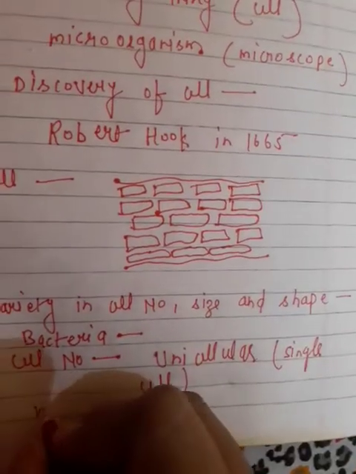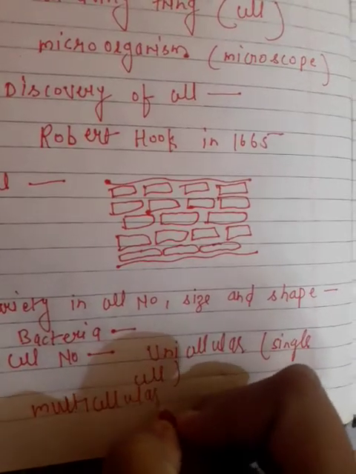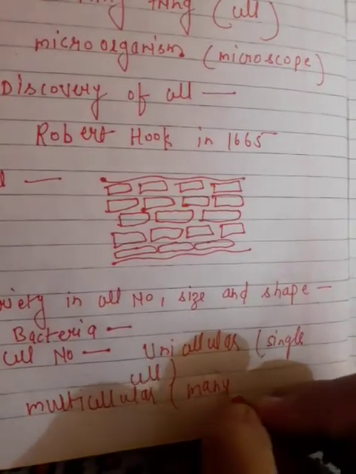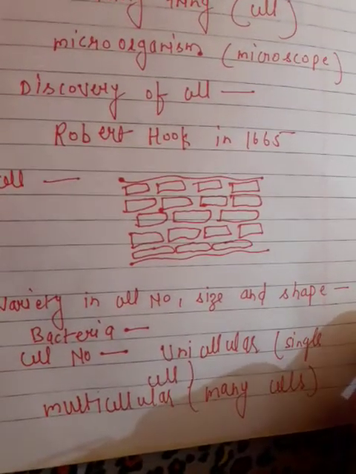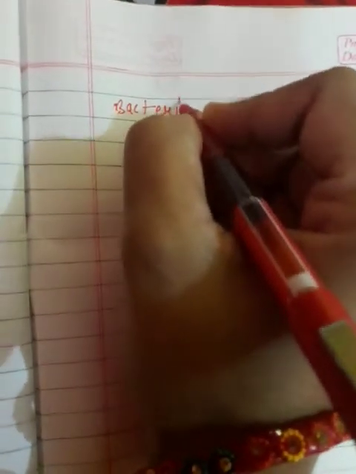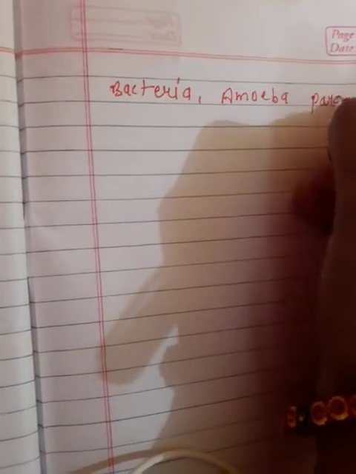And multicellular means many cells. Multicellular means many cells, unicellular means single cell. So some living organisms like bacteria, amoeba and paramecium are made up of a single cell.